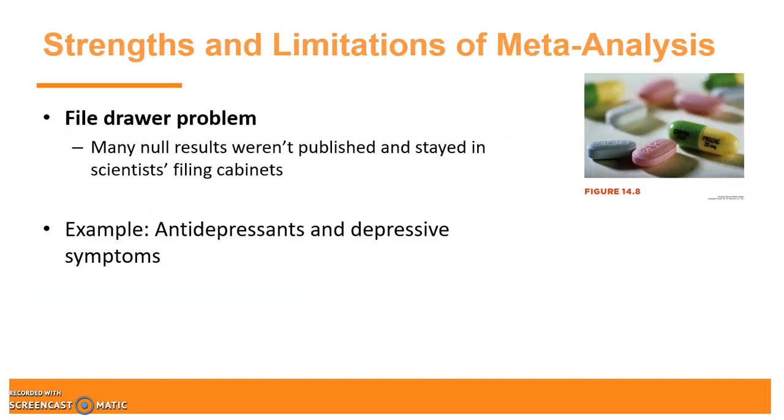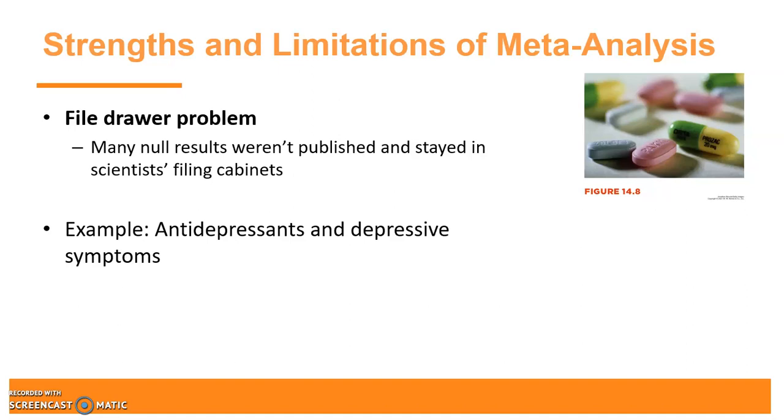Here's an issue with meta-analyses, though. It's called the file drawer problem. What actually makes it into publication, what gets published in journals, tends to be positive results rather than null results. If you found no effect of something, it may just sit in your file drawer, and you don't even try to publish it, because at least historically journals find null results less juicy, less exciting.